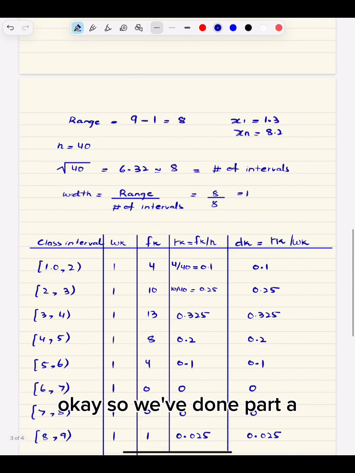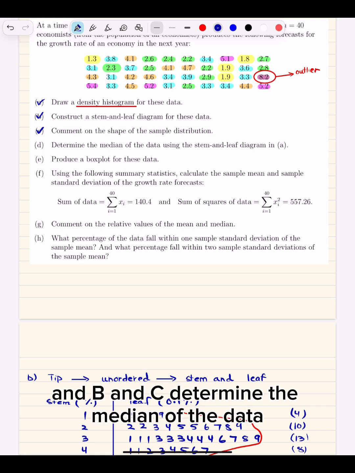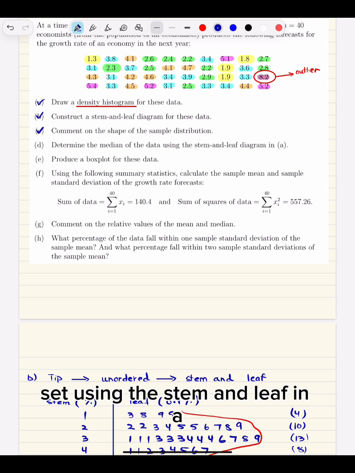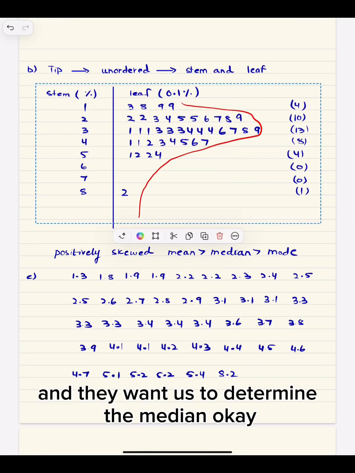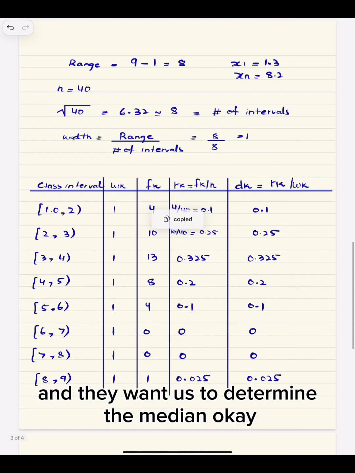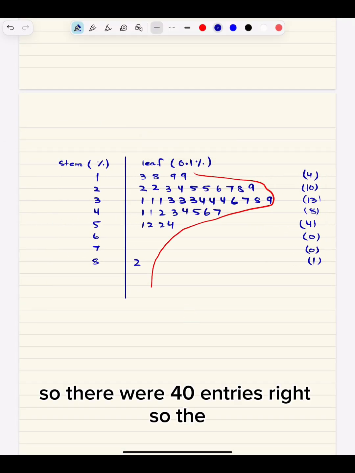Okay, so we've done part A. And B and C: determine the median of the data set using the stem and leaf in A. Okay, so they want us to use this, and they want us to determine the median. So there were 40 entries, right?